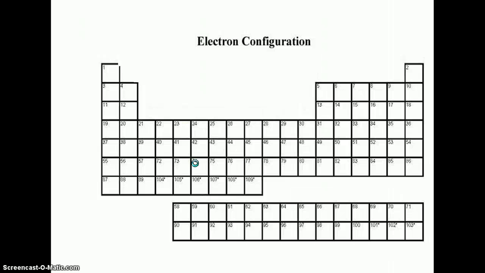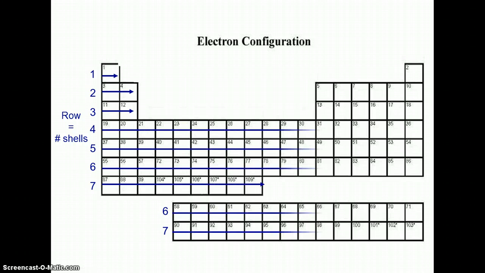So here I have a periodic table. You'll notice that it has the atomic number, but it doesn't have the elements, just in consideration of space. So take out your own electron configuration paper, and you'll notice it has a similar structure. We have our rows, and these tell us how many shells we have.